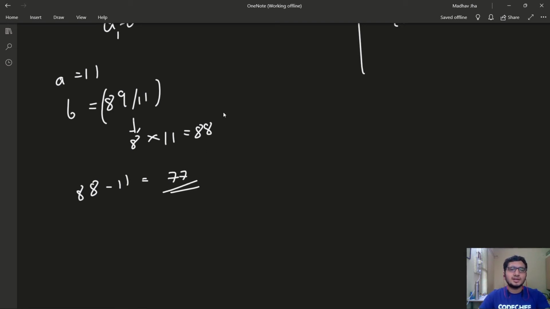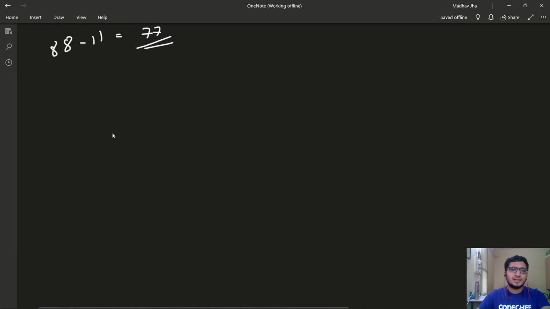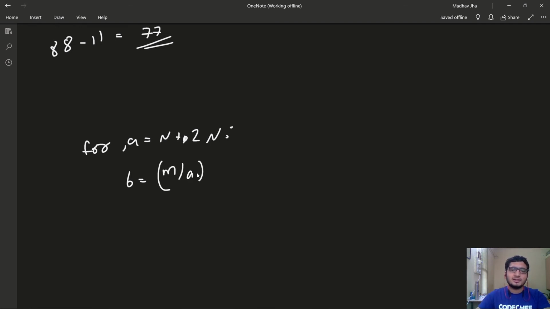We can try different numbers, and whichever gives the max difference, we will keep it, right? So the formula would go something like this. We can say for our a, that will go from n to 2n, right? From n to 2n. Our b will be equal to m divided by a, and again multiplied by a, because we want the maximum number, right?